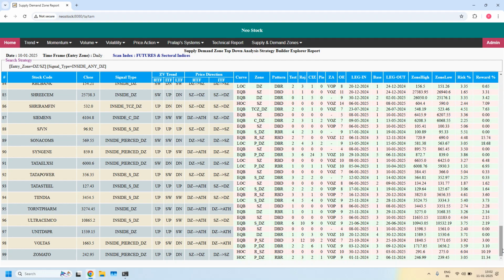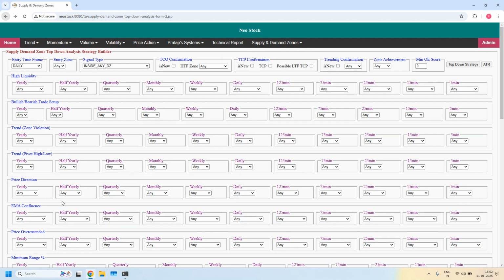That includes pierced demand zones. We can further filter the list by setting the high probability parameter, EMA Confluence. So I am going to set the EMA Confluence on this filtered list.